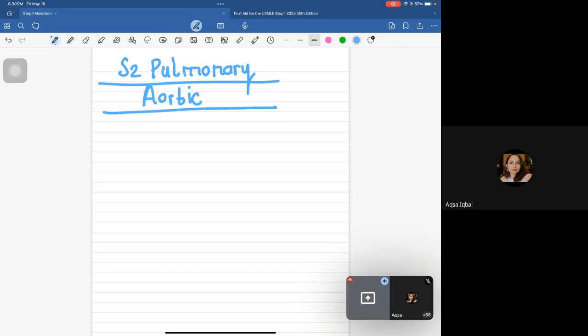Now what if there is another thing in addition to this? For example, in addition to the inspiration causing delayed closure of the pulmonary valve, there is some other condition that is also causing delayed closure of the pulmonary valve. In that condition, the normal splitting would become a wide splitting.